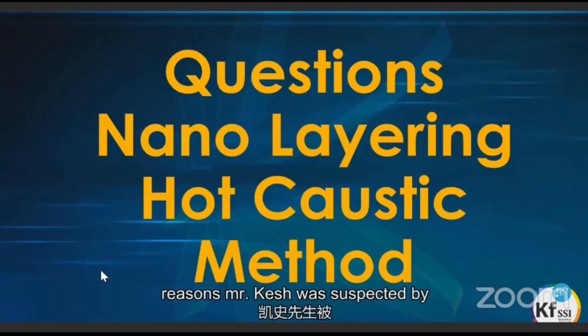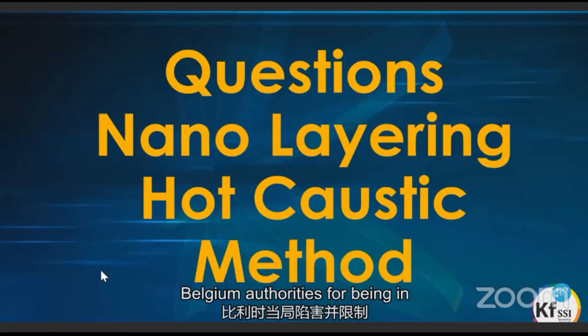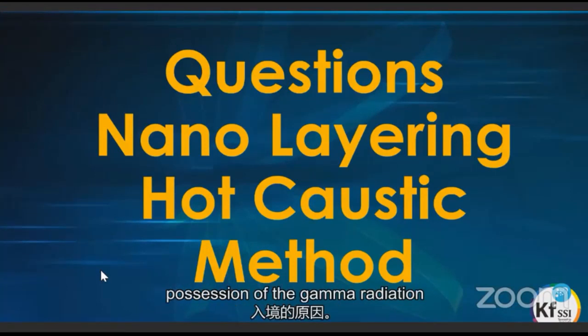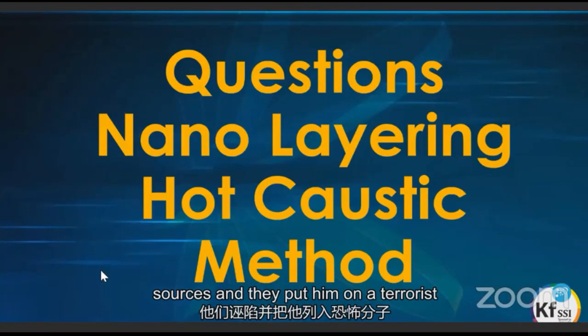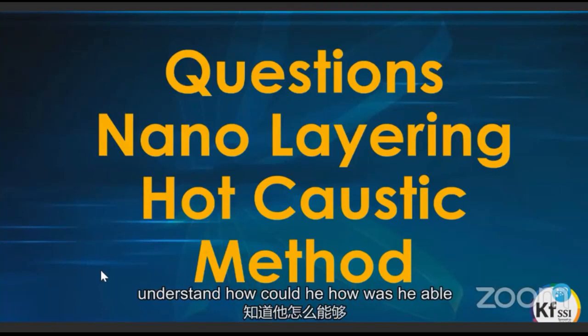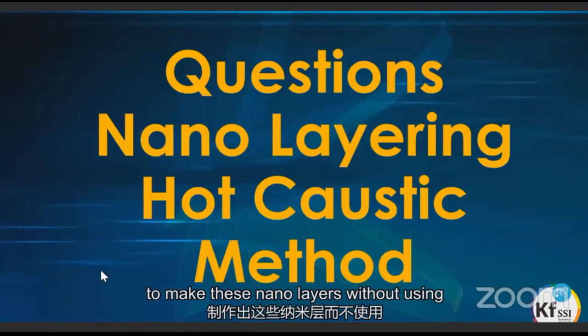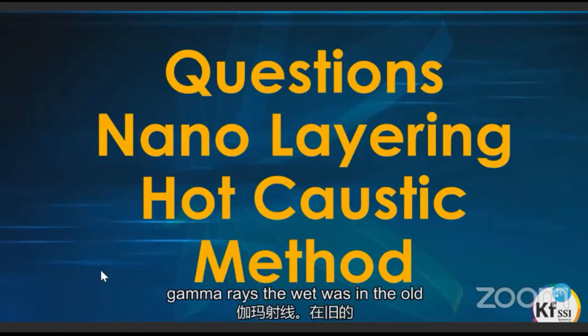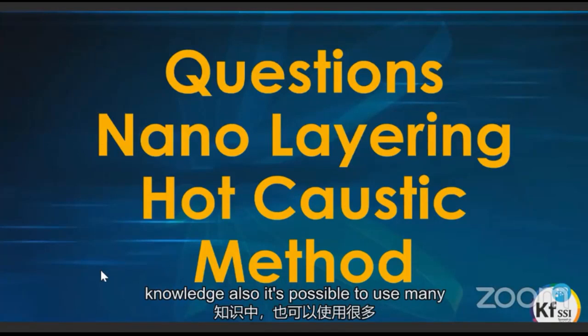This was one of the reasons Mr. Cash was suspected by Belgium authorities of being in possession of gamma radiation sources, and they put him on a terrorist list or whatever, because they didn't understand how he was able to make these nano layers without using gamma rays. So that was in the old knowledge.